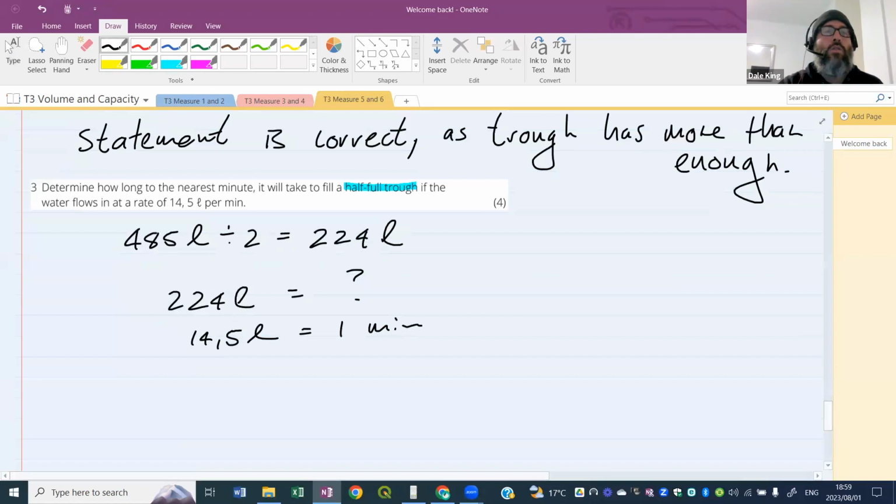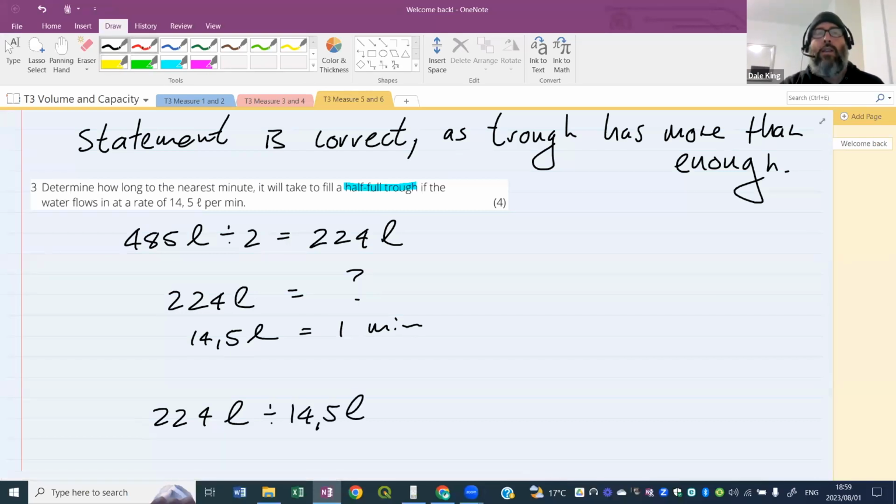So what do I need to do to 225 on the left to get it to 14,5? We could divide those two. So we could say 224 liters divided by 14,5. That's going to give me this magic number that I need to multiply by to get to 14,5.